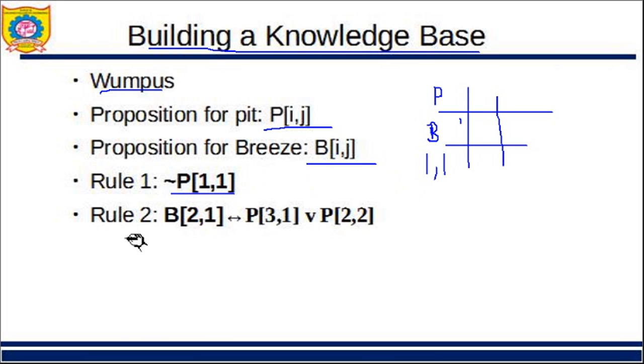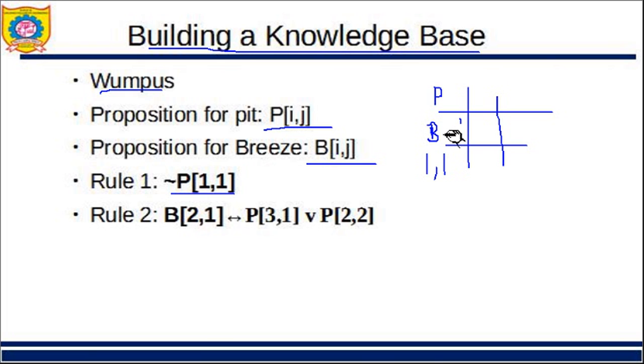Then rule 2 says that if there is, here I am using the biconditional operator, a breeze at the position 2 comma 1, that is, second row first column, this location. Now what we had learned in the rules is that if there is a breeze, then there is a pit adjacent.